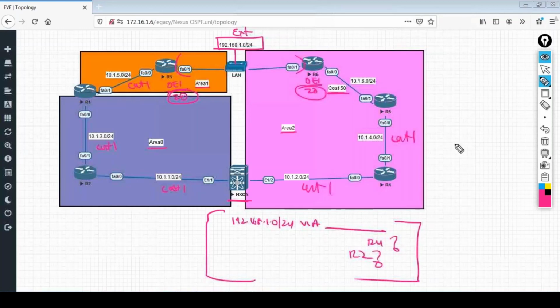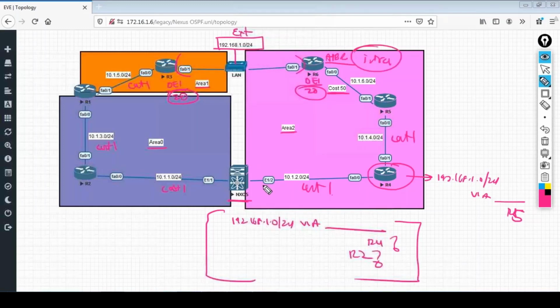So in that case, how about R4? In this case, R4 would also be choosing 192.168.1.0 via R5, right? Yes. So it should be this way, because as per Sandeep's logic, the ASBR that we are seeing in this case is intra-area.